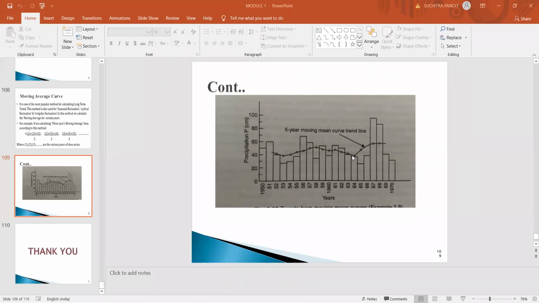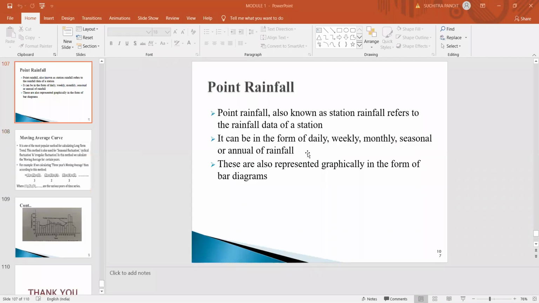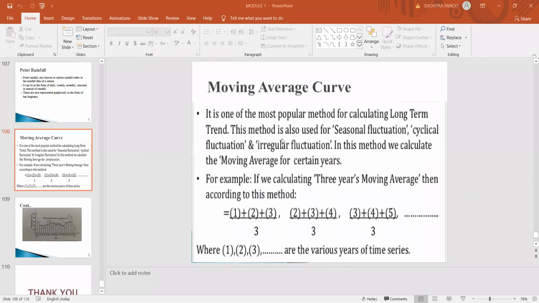By this curve, you can analyze or predict the cyclic pattern of the rainfall data in a particular place. Because for any hydrologic analysis, we require more years of data, this is one of the methods by which we can calculate the cyclic trend. That is the moving average curve.